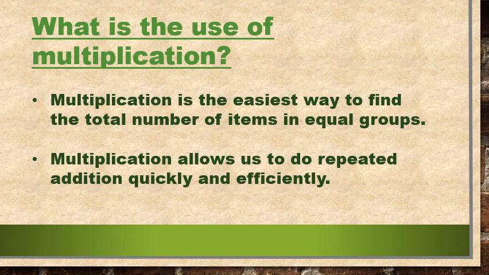So girls, why should we learn multiplication? Because multiplication is the easiest way to find the total number of items in equal groups, and multiplication allows us to do repeated addition quickly and efficiently. Understood?